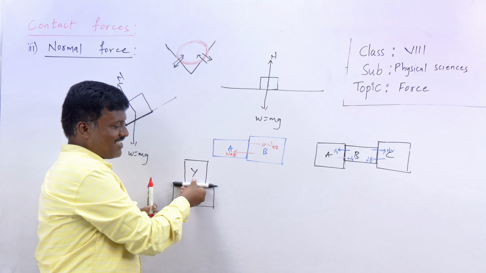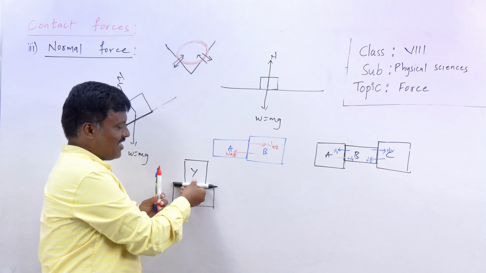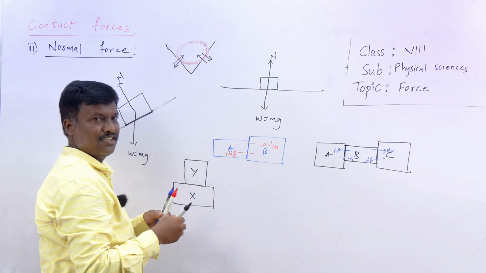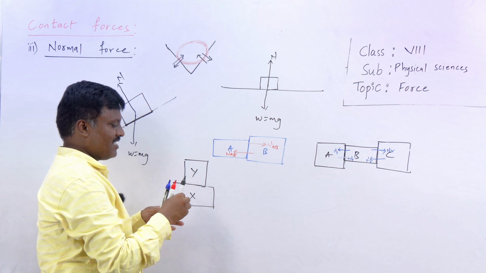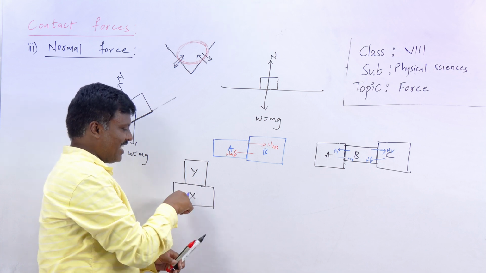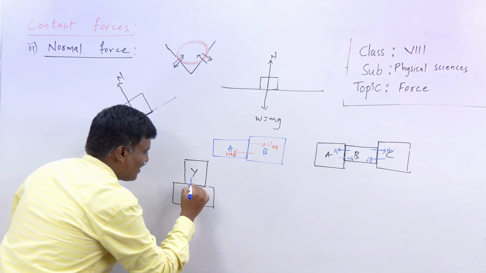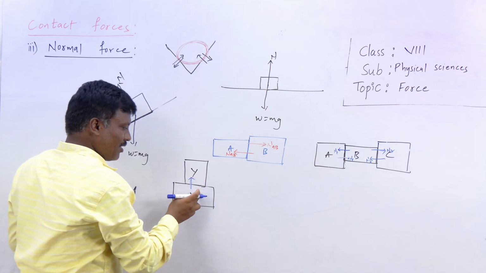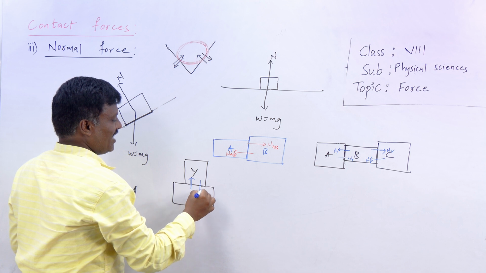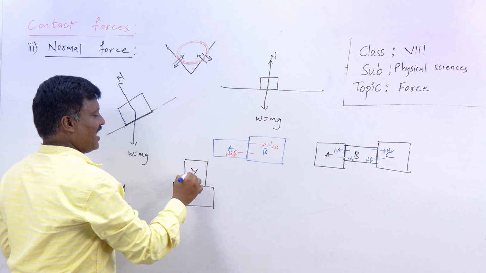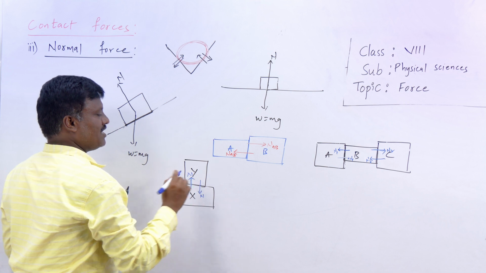These two surfaces are in contact, and the normal force is perpendicular to the surface in contact. That means X exerts the normal force on Y in the upward direction, and Y exerts the normal force on X in the downward direction. Both are perpendicular to the surfaces in contact, and this normal force exerted by both is the same.